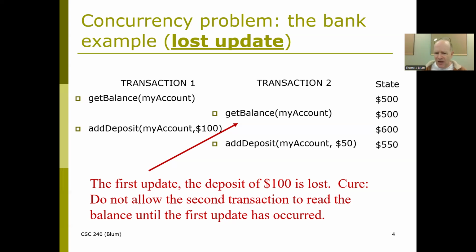And then your grandmother adds the 50, and we've lost that 100 that you put in because she accessed the balance before you made your deposit of 100. So that second transaction is not seeing the 100, and when the 50 is added, that 100 is lost. So this is clearly a problem. These two transactions are not isolated.